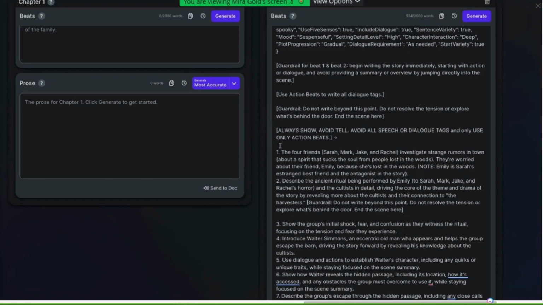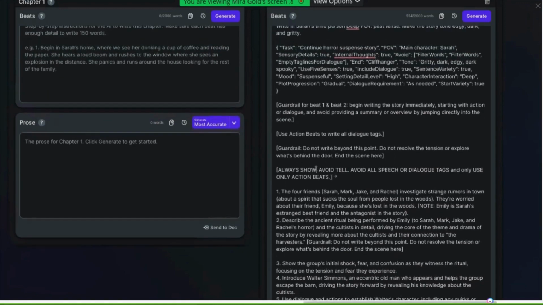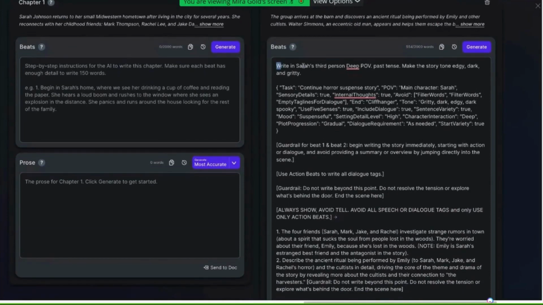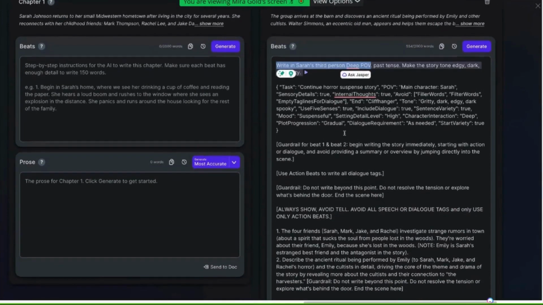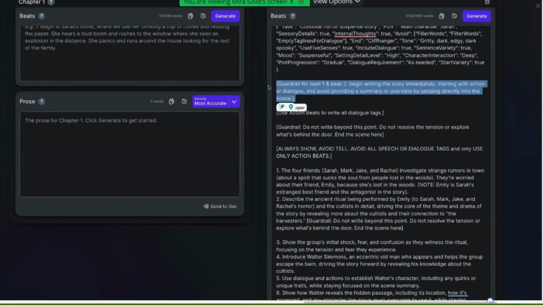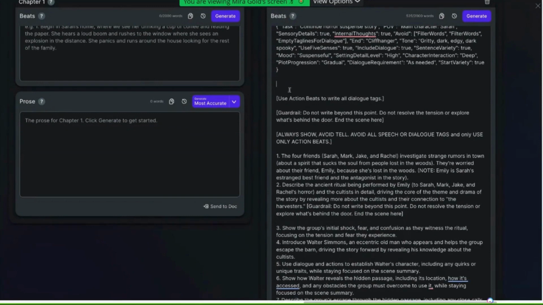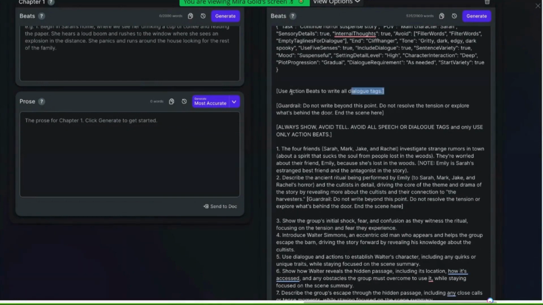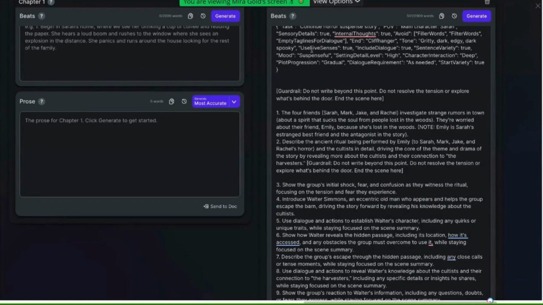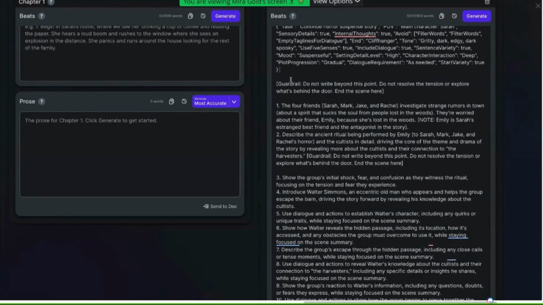Sometimes it listens and sometimes it doesn't. So we're going to generate this. Keep in mind, I have told it whose POV. So let's play with this. I'm going to add this. Further down, I'm going to remove this because I have that prompt up here. I also have this prompt up inside of my JSON. It doesn't always work though.